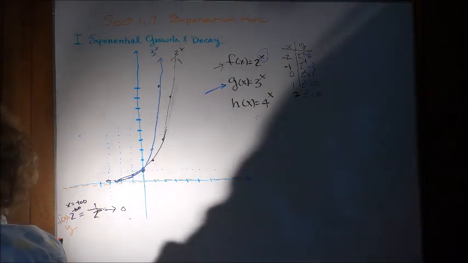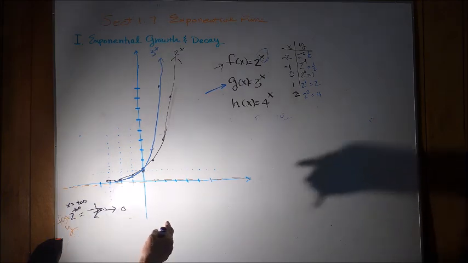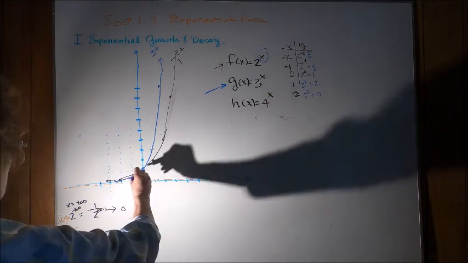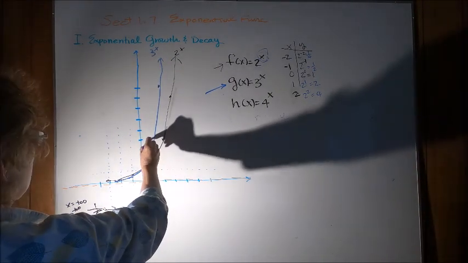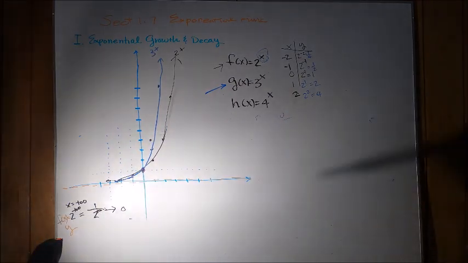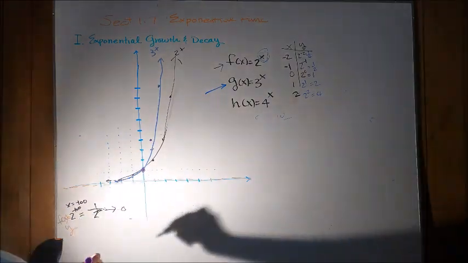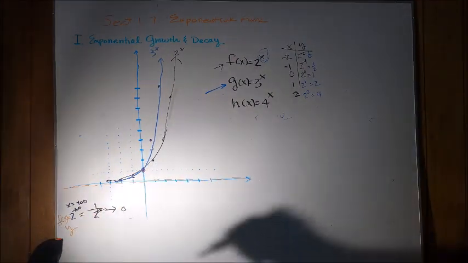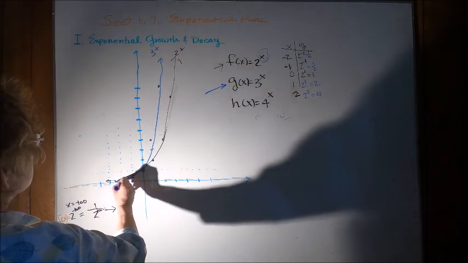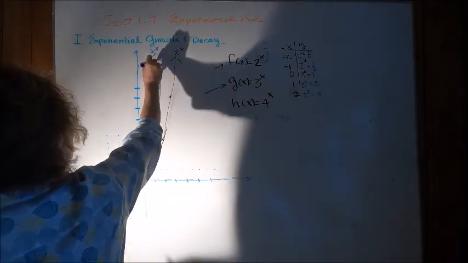Then let's look at the fourth power, 4 to the x. So x is 0, 4 to the 0 power is 1. X is 1, y is 4. X is 2, y is 16. Then x is -1, y is 1/4. -2 is 1/16. So your graph will look this way.